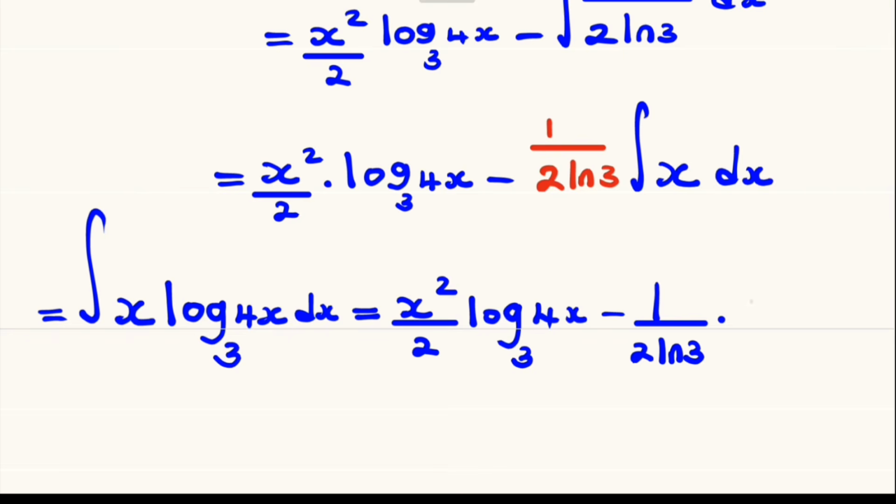The integral of x is just x squared divided by 2, but then that 2 multiplied by 2 is 4. So we have 1 multiplied by x squared divided by 4 ln 3 plus the constant c. And this will be our answer for this question.